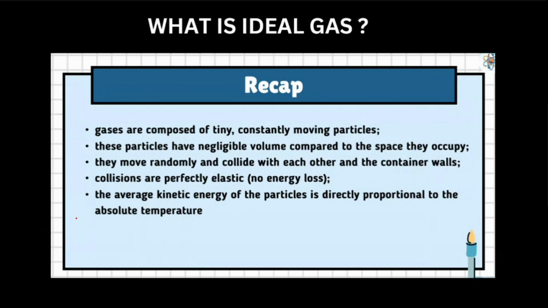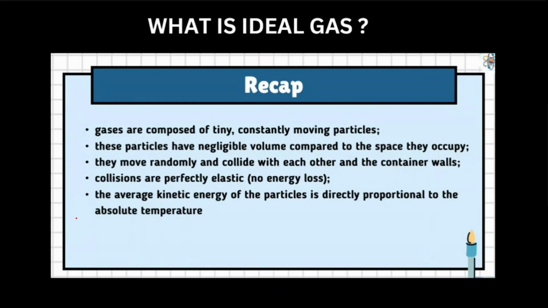The ideal gas law works perfectly for a hypothetical ideal gas which follows specific assumptions from kinetic theory. First, the gas particles have negligible volume compared to the container. Second, there are no attractive or repulsive forces between the gaseous particles. The collisions are perfectly elastic, and this shows that there is no loss in energy.